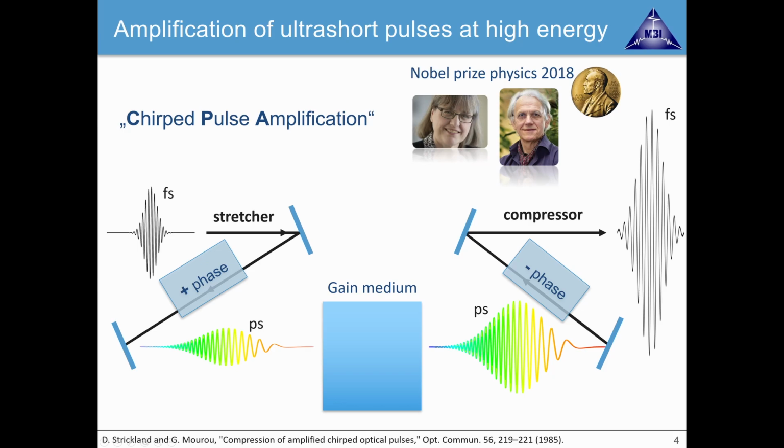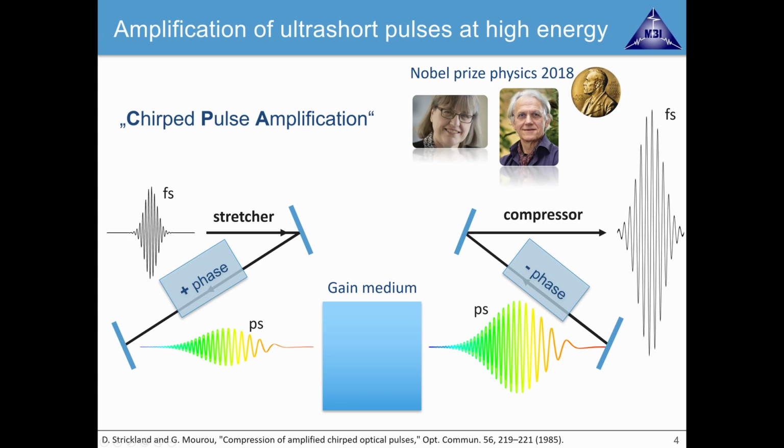If you work with ultrashort pulses at high energies, you run into numerous problems. For example, damage threshold is a problem, and there's a technique called chirped pulse amplification, where you start with a few cycle pulse or a femtosecond pulse, and you apply a defined phase to it in a so-called stretcher.